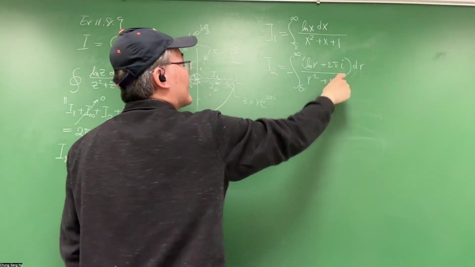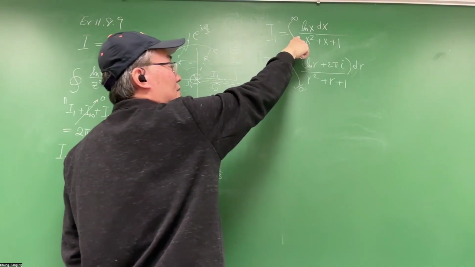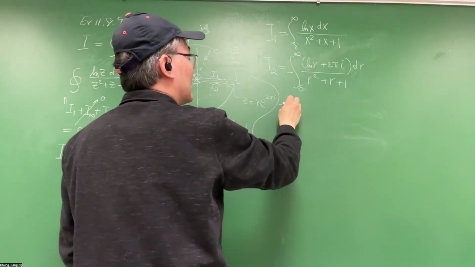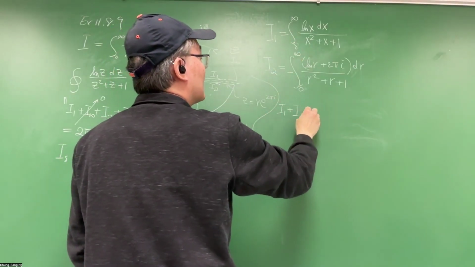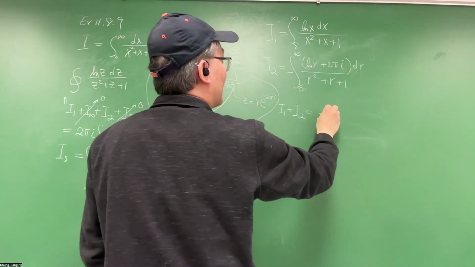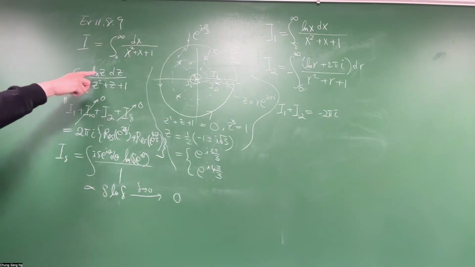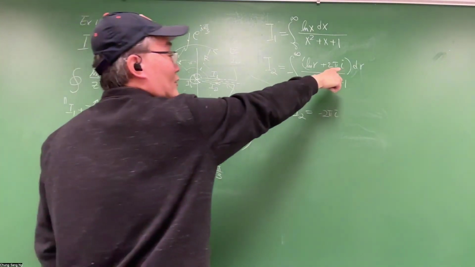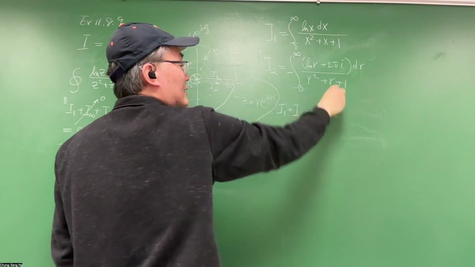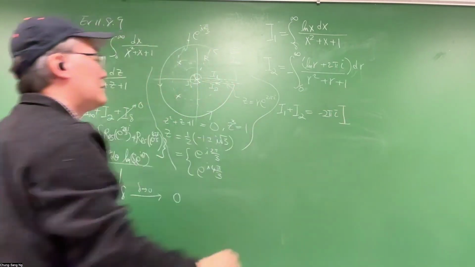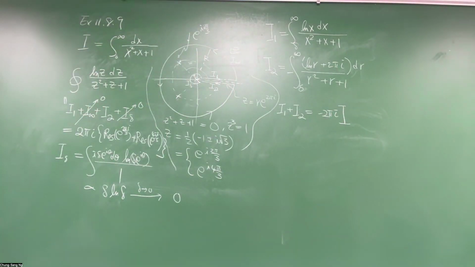This one divided by that integral is the same as this one. So I sub 1 plus I sub 2, and that's the second term, which is minus 2 pi i times this one, right? Because now there's no log x in there.